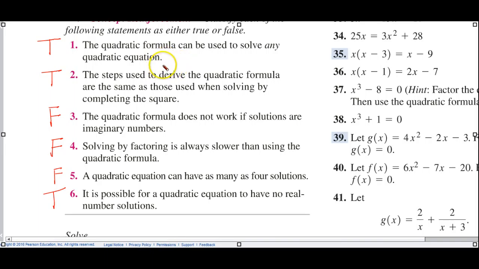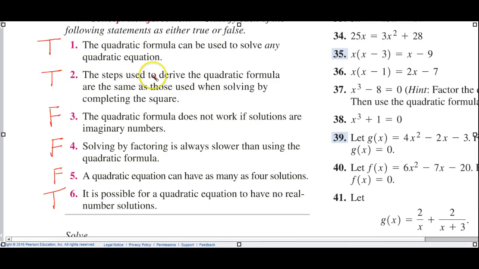The second method we had was the principle of the square root, taking the square root of both sides. And as part of that, we included completing the square. And then our general overall way of solving any quadratic equation is the quadratic formula.